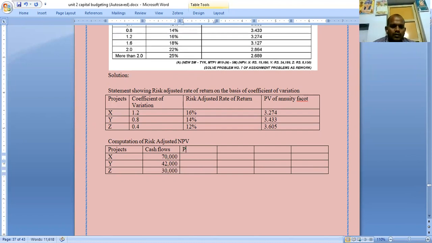Risk-adjusted rate, and PV of the risk-adjusted rate factor.